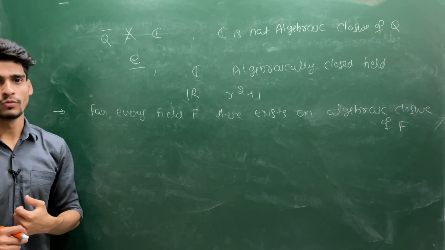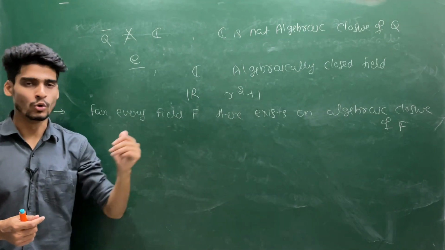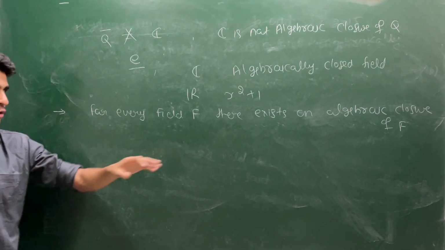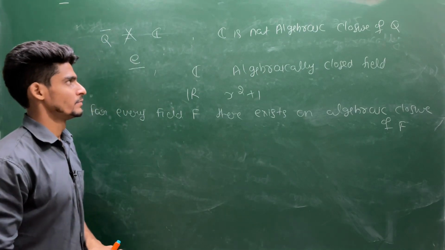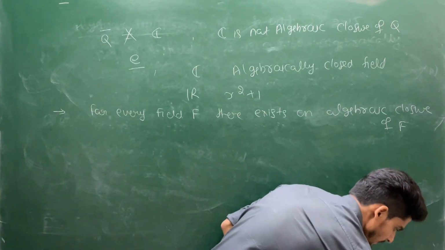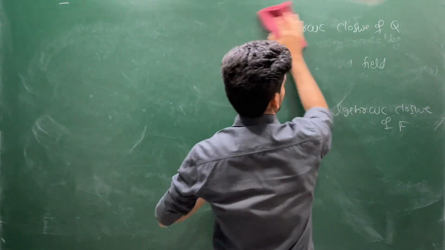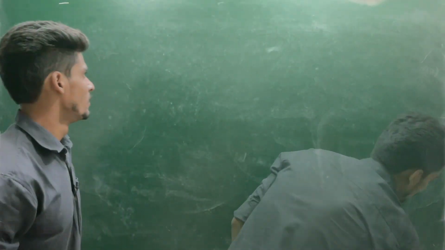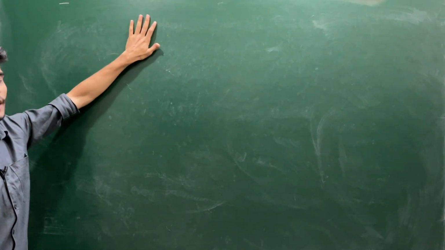I am skipping the proof. So this proof you can get from Dummit and Foote book, or if you do Google, you will get the proof. But the proof is a little bit non-trivial. Now let's observe some more properties of the algebraic closure and algebraically closed field.